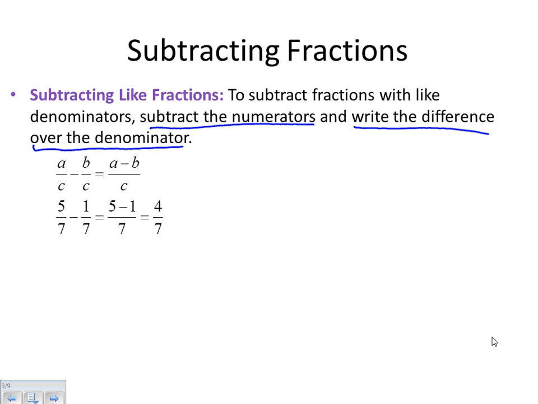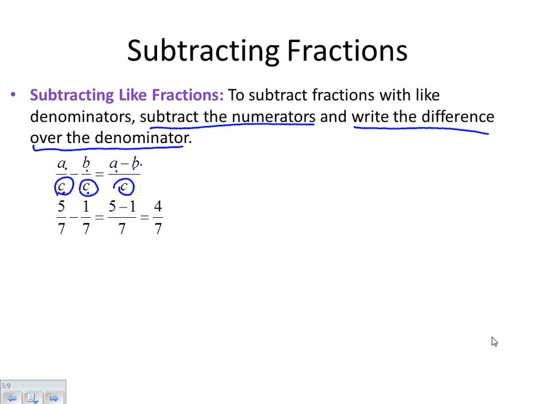So basically, we keep the denominator the same, as seen in this example: A over C minus B over C equals A minus B over C. I've kept the same denominator and simply subtracted the numerators.